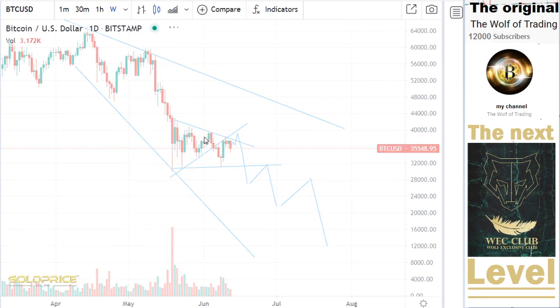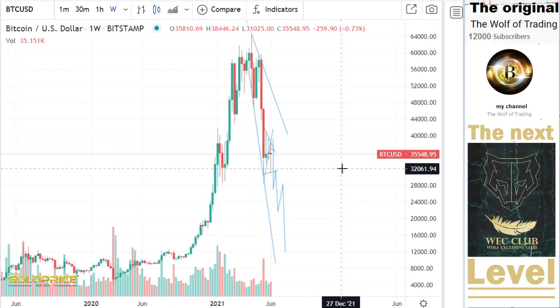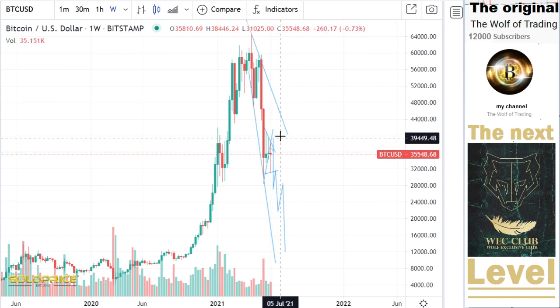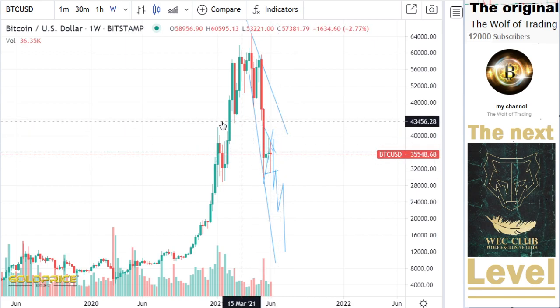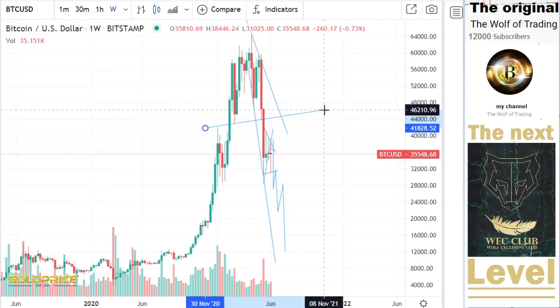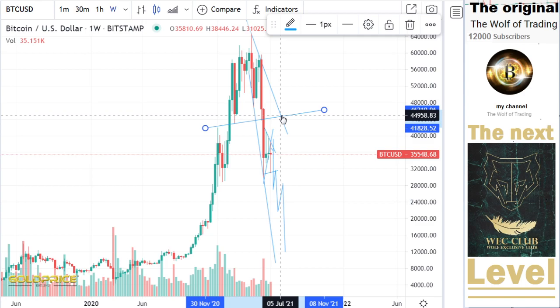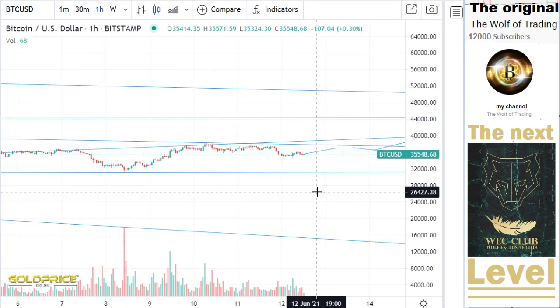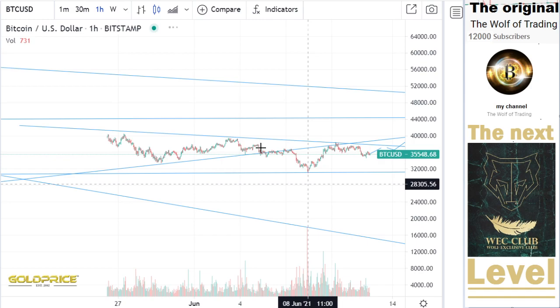So the market is volatile here. I think it could also happen that we make this move to the top side, yeah, to test this level here. So yeah, that we're going back to 44,000. But I do not believe in that. All signs look like the price will go to the downside.